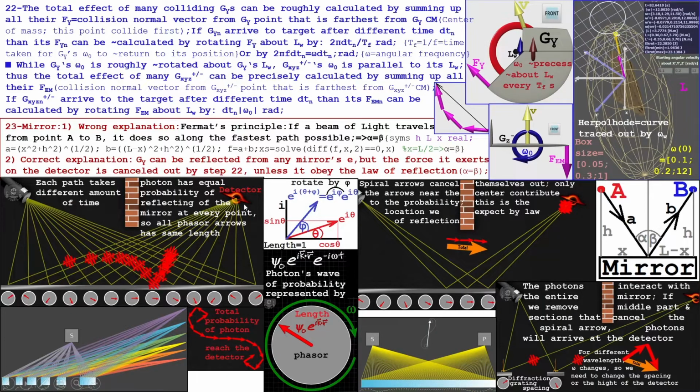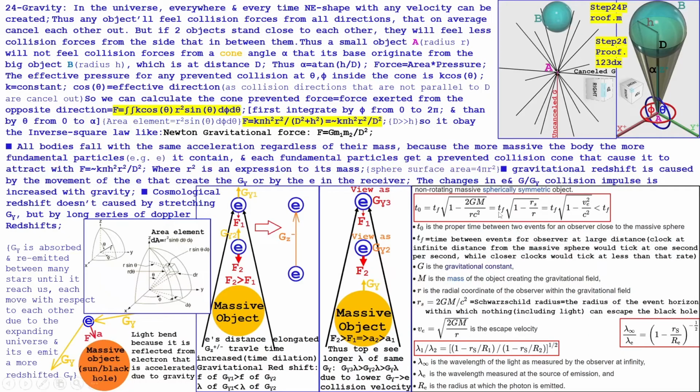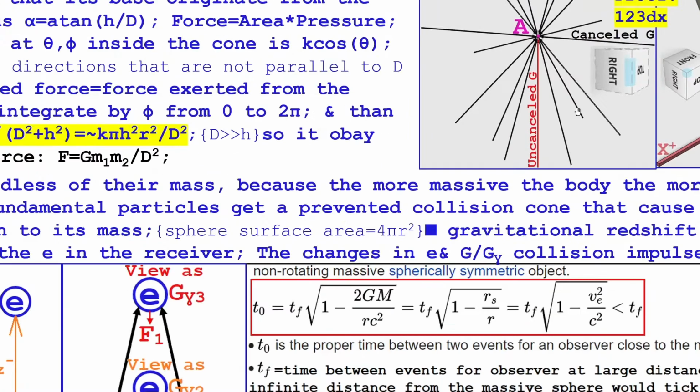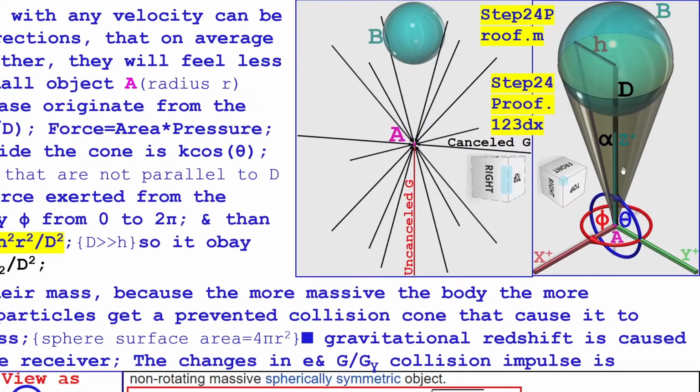Step 24. Gravity. In the universe, everywhere and every time, non-existing shapes can be created, with any relative velocity. Therefore, any object will feel collision forces from all directions, which on average cancel each other out.